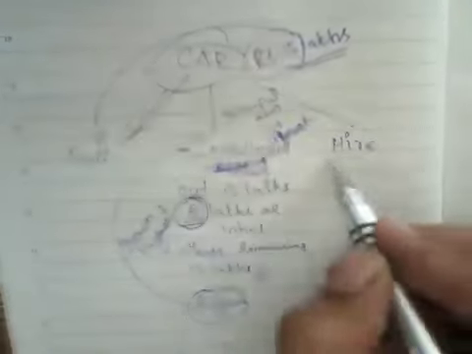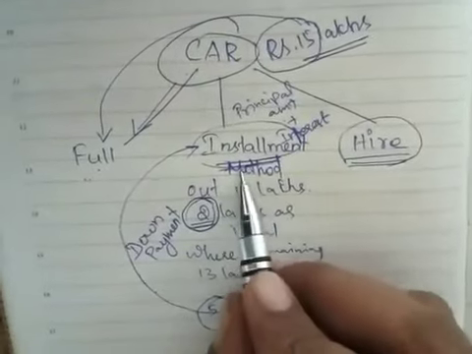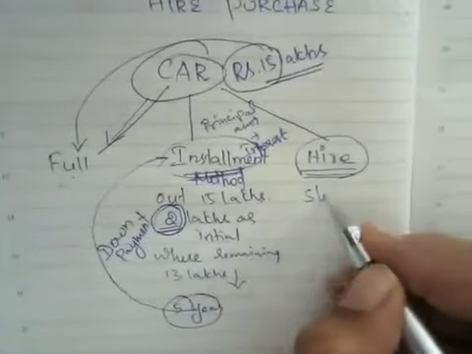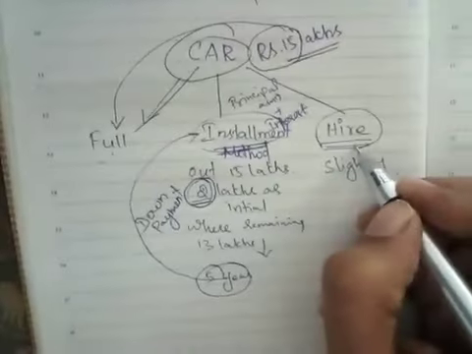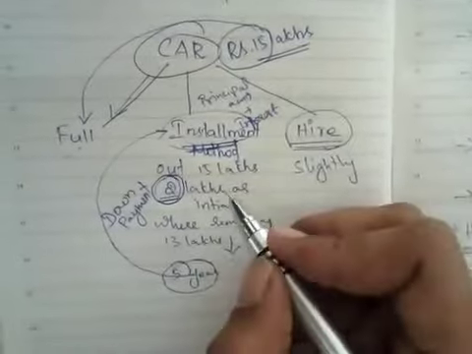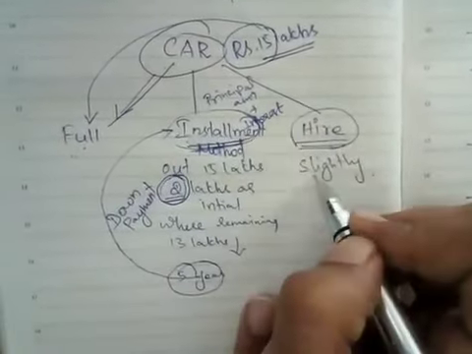Now the chapter deals with hire purchase. What is the difference between installment and hire purchase? They are most probably similar but with slight differences. In hire purchase also there will be a mode of payment like installments, but with slight changes.